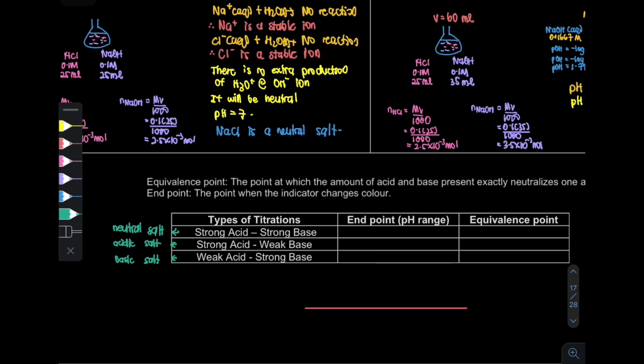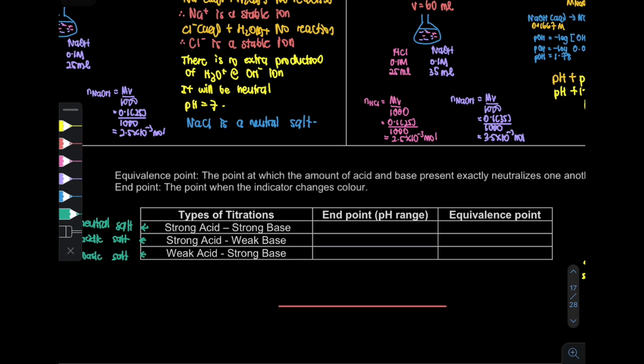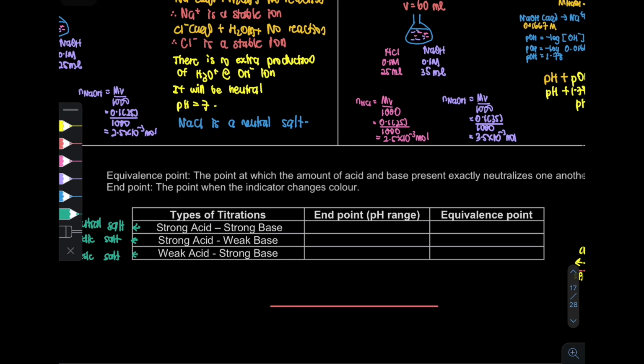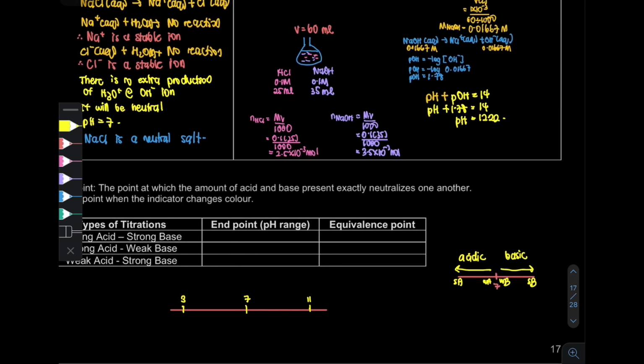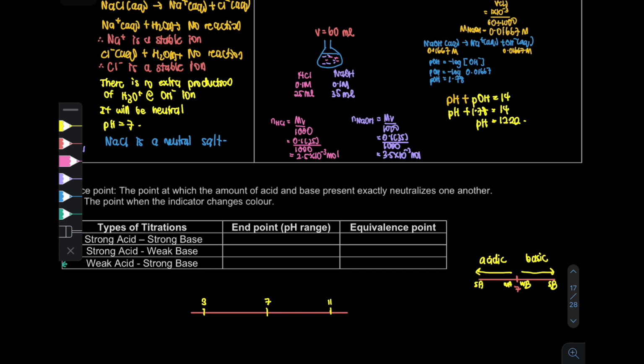So, now how to know the end point and the equivalent point. Okay, so here we make 3 values. I'm going to look at value 3, value 7, and value 11. So now we're going to look at it. We know that our strong acid means the pH is low. If strong base, the pH is high. In the case of strong acid and strong base, Miss will include all of this.